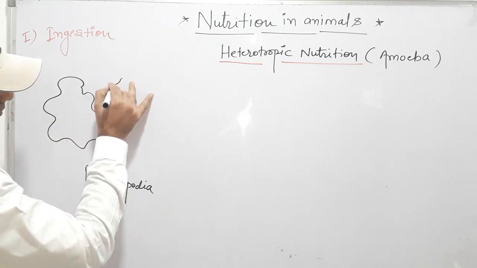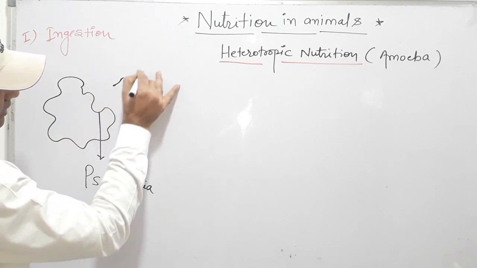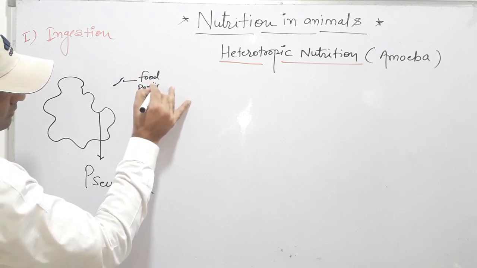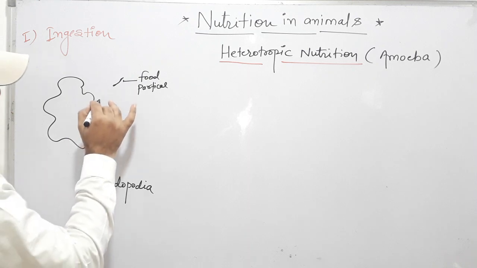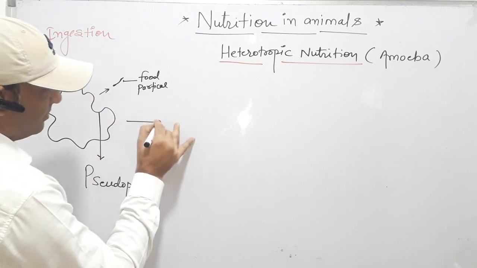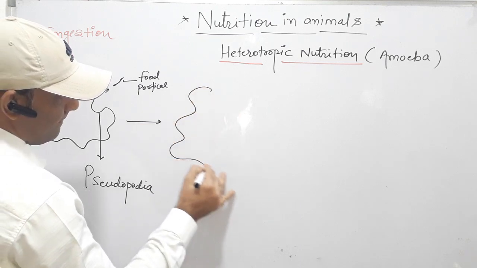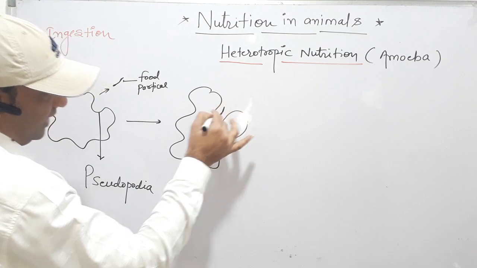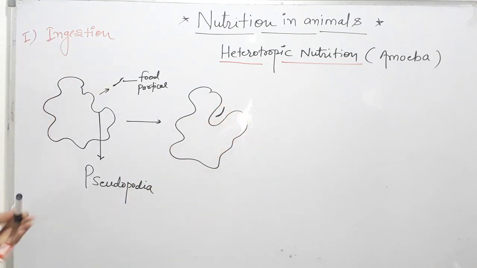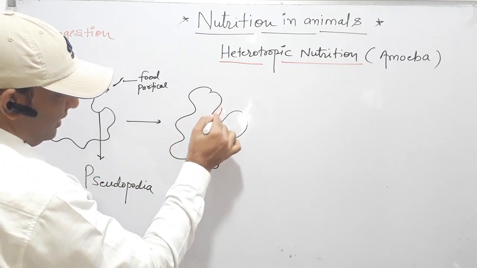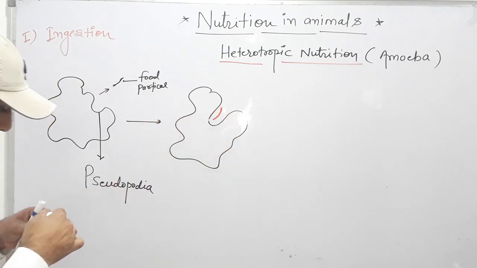Now it is a food particle. Now amoeba moves towards the food particle with the water current. In the second step, now the food particle enters into the pseudopodia or food cup.